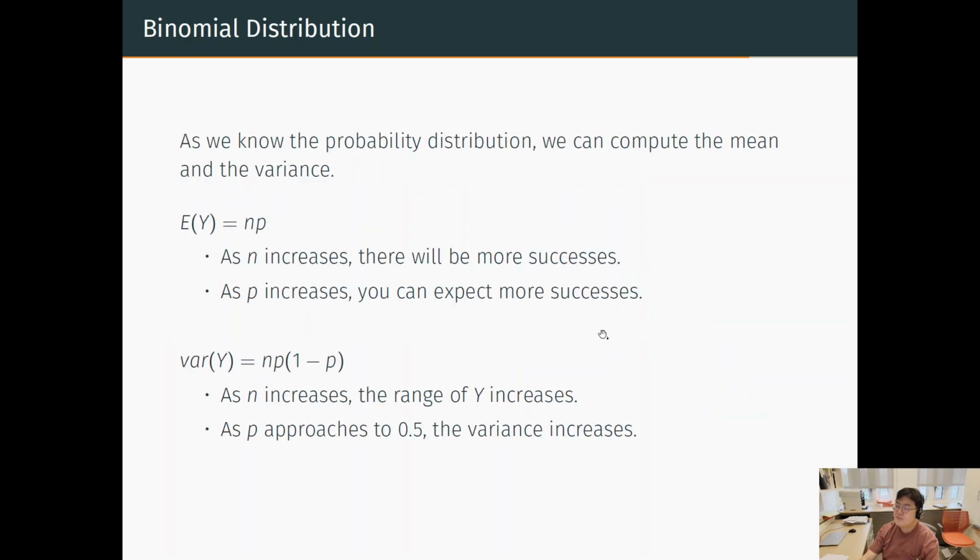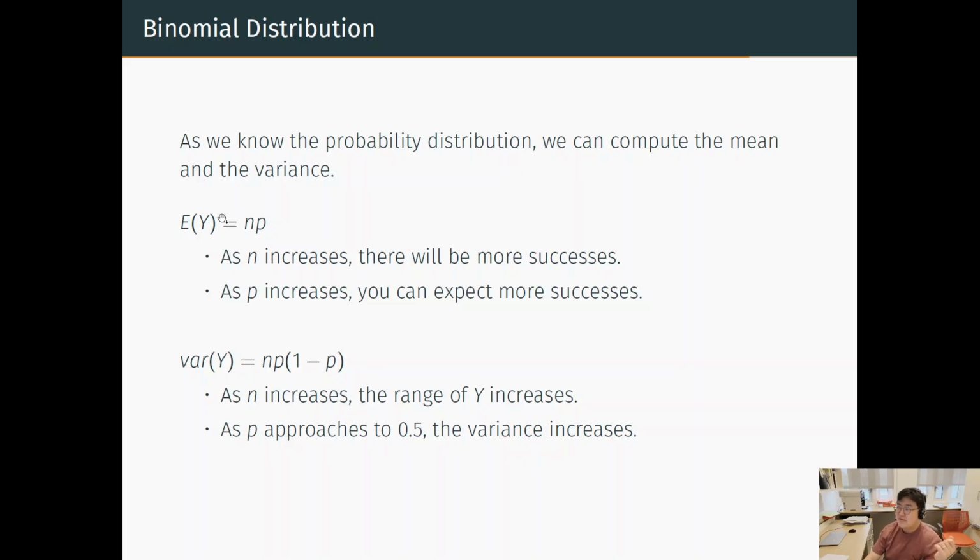Okay, and I will skip complicated algebra. As I said, with these two parameters, we can explain everything. And if you do the tedious algebra, you can calculate the mean and the variance using the probability formula. That is, in the end, pretty simple.